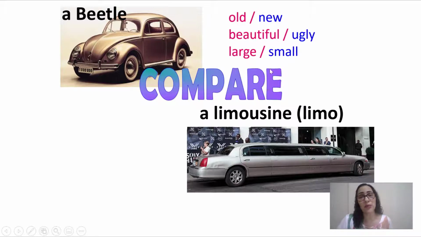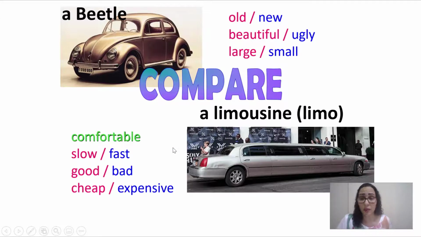But a limo is more beautiful than a Beetle. A limo is definitely larger than a Beetle, and then consequently, a Beetle is smaller and uglier. If I think that a limo is more beautiful, the Beetle is uglier than a limo.